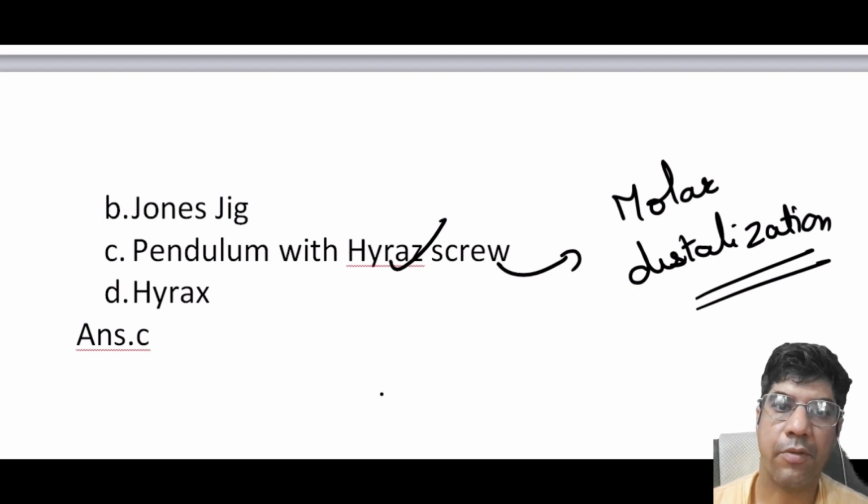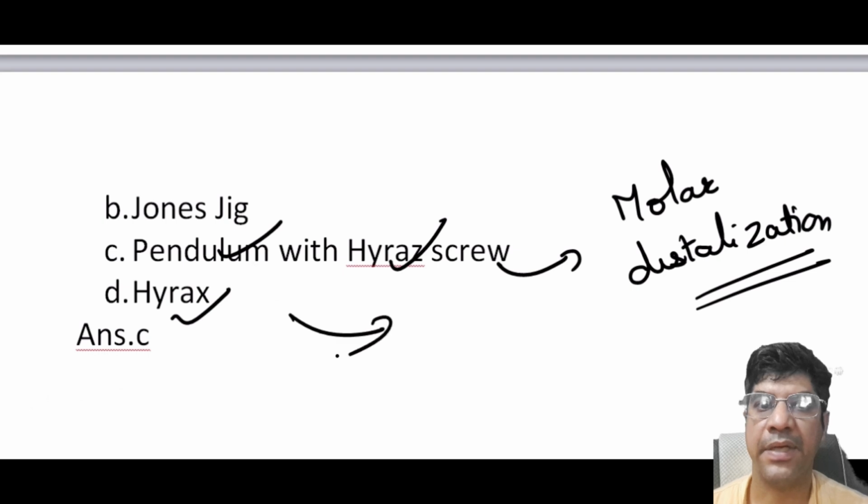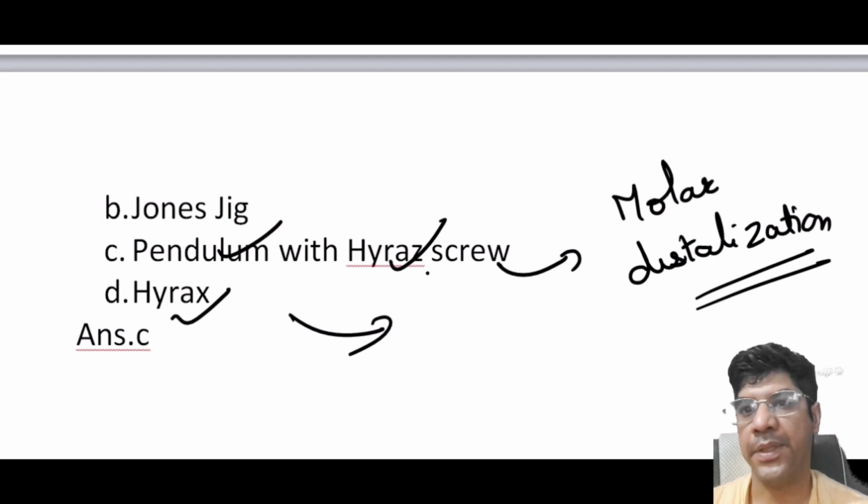The other options, quad helix, Jones jig, and Hyrax, all are examples of maxillary expansion devices that are used in orthodontics to achieve the transverse expansion of the upper jaw.